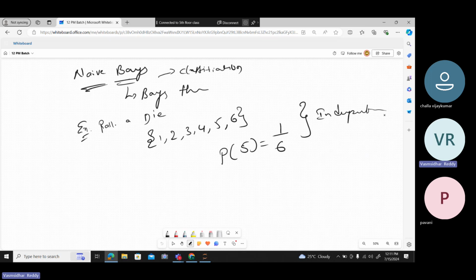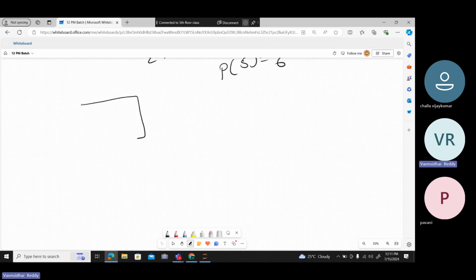We have one more method. Let us assume this is a bag or box container which contains 3 red balls and 2 black balls.